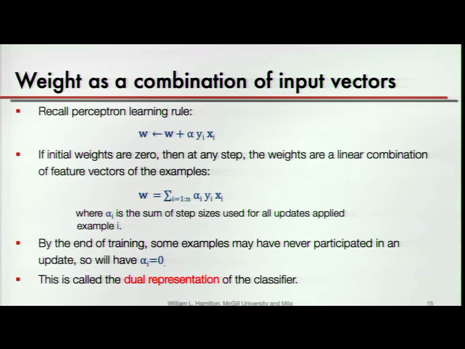And this is kind of interesting because in the last lecture we talked about these non-parametric or instance-based methods where we weren't learning anything, we were just storing our training data. Here there's two ways to look at this classifier. One way is learning this parameter vector that summarizes our classifier. The other way is we're just keeping around our training data and remembering how these training data points contribute to our classification boundary.